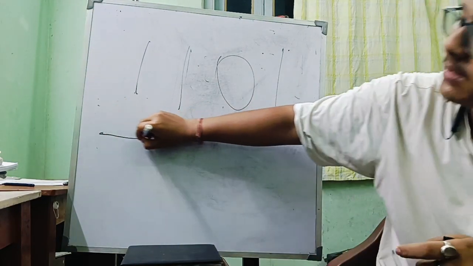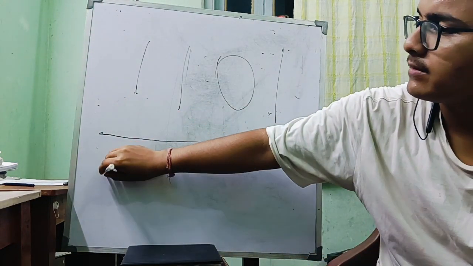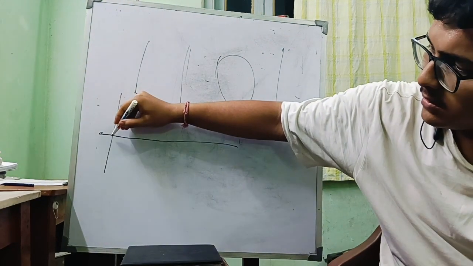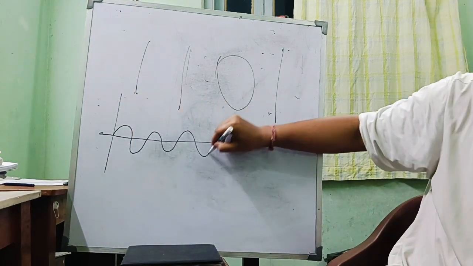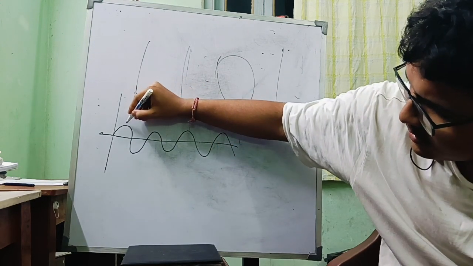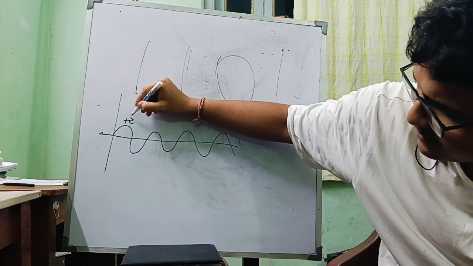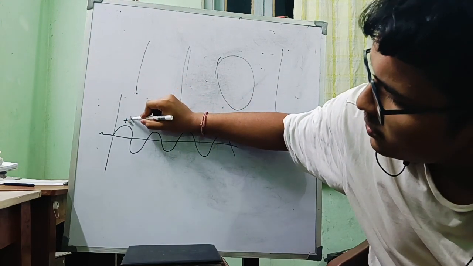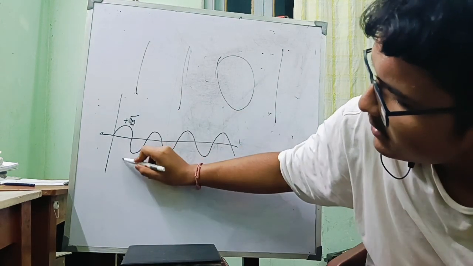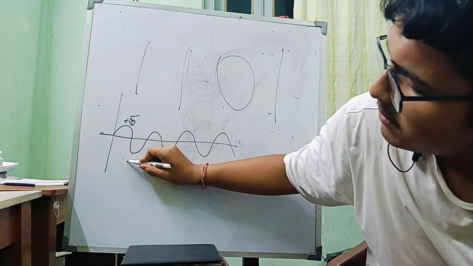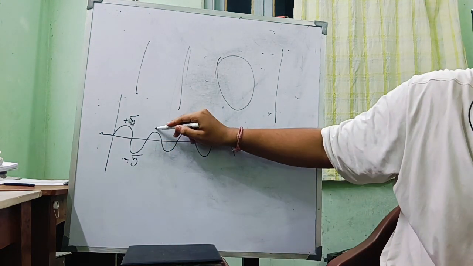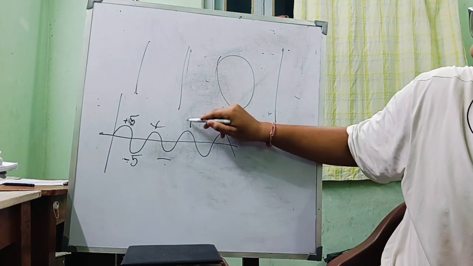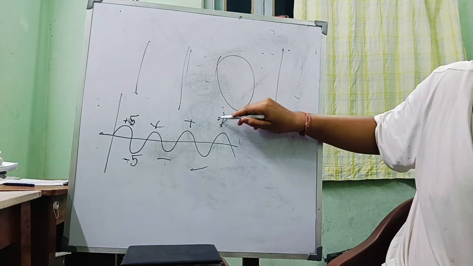If you draw a graph here, it is like this: plus 5, and minus 5. It's just plus, minus, plus, minus, plus, minus.